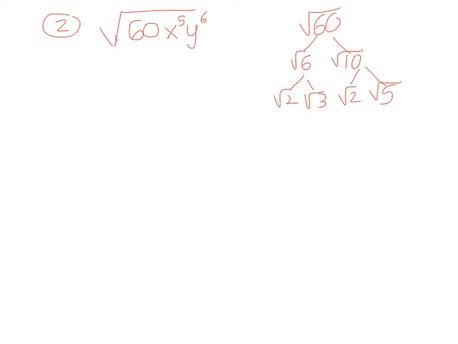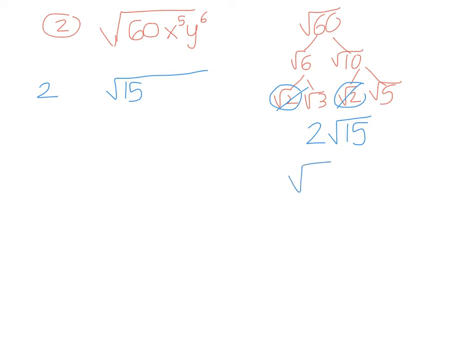To simplify what I have there, the rad 2 times the rad 2 will equal just plain 2. Rad 3 times rad 5 have to be combined back together to get rad 15. So far I have the 2 on the outside, 15 on the inside.